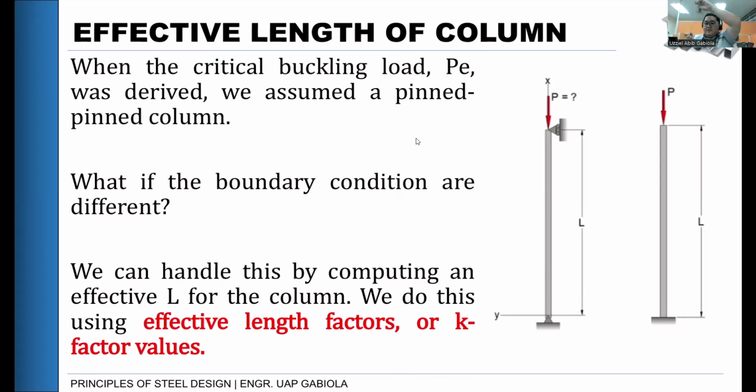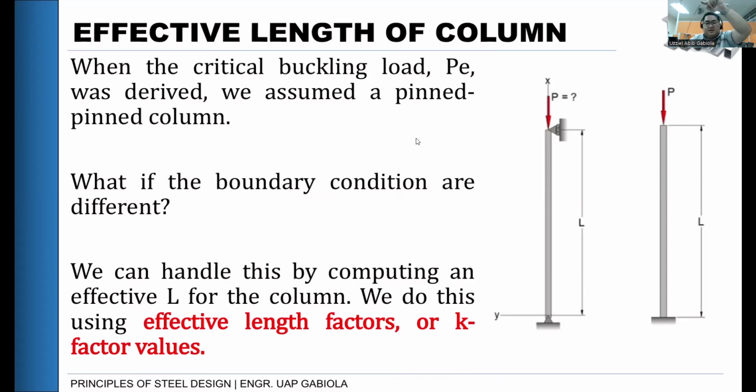Paano kung halimbawa, fixed natin yung ilalim, tapos naka-free yung taas, pag nag-buckle siya, iba yung magiging itsura niya, ganyan yung itsura niya. Okay? Hindi siya katulad nito, na pa-bend siya na parang almost C kapag exaggerated na, no?